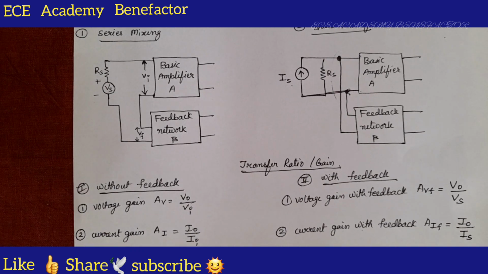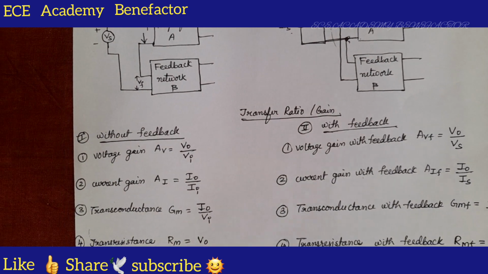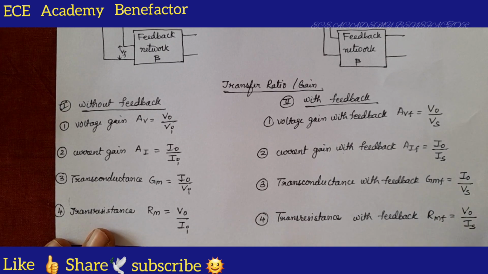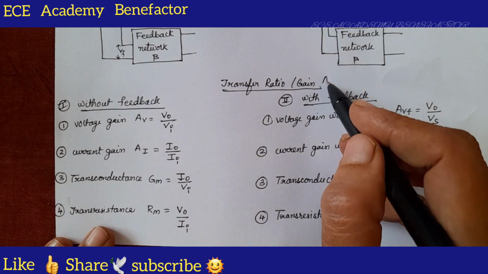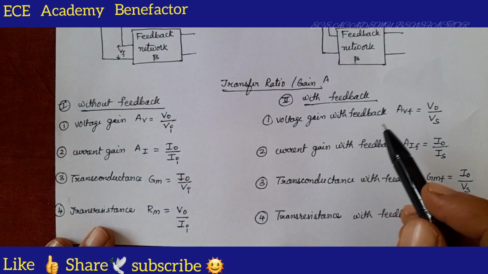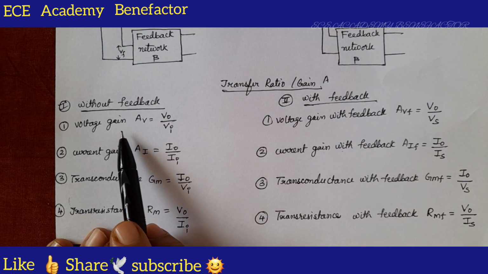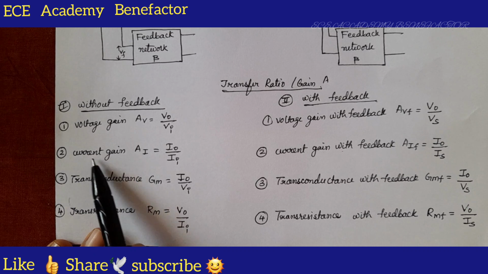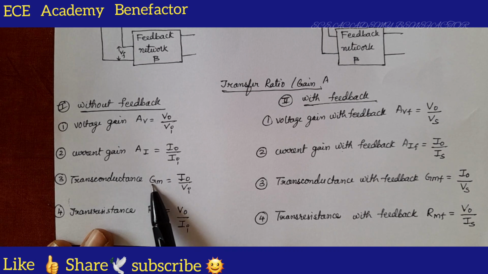There are a few important equations before doing the analysis of feedback amplifiers. Let us quickly review those formulas. That is the transfer ratio or gain. The gain symbol is A. Depending on the basic amplifier used, if it is a voltage amplifier, the gain is voltage gain. If it is a current amplifier, the gain is current gain. If the basic amplifier is a transconductance amplifier, its gain is GM, transconductance.